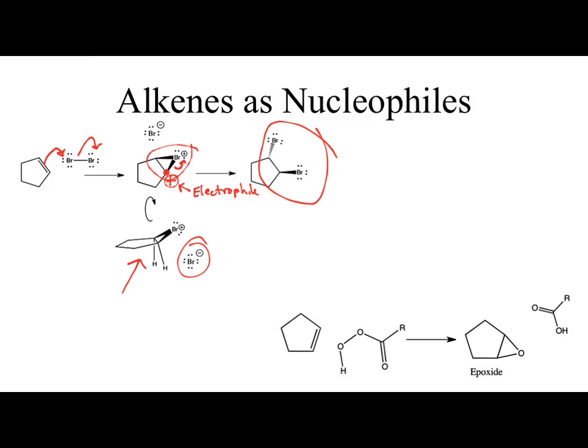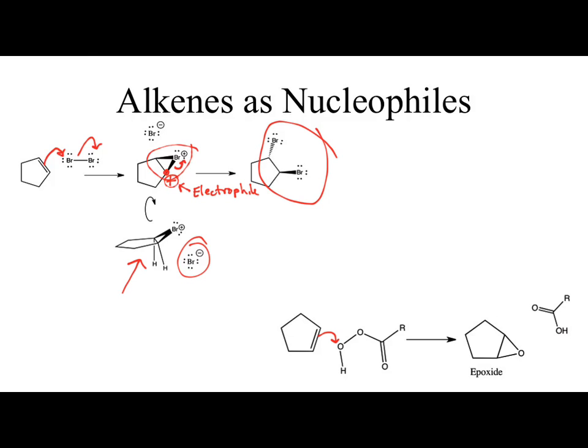The last thing that we could see with our nucleophile, we could have the epoxide formation, which should also look really, really familiar. We can have the electrons from our double bond coming out and attacking that oxygen. Oxygen now has too many bonds, so what we're going to need to do is break some bonds.